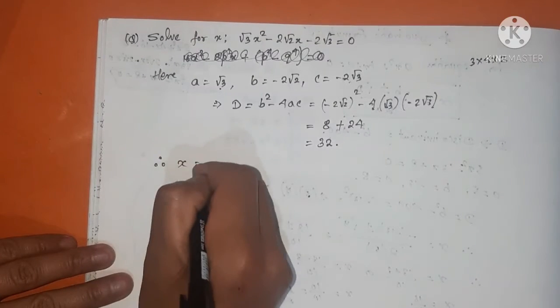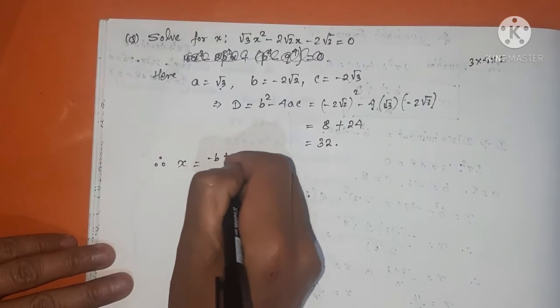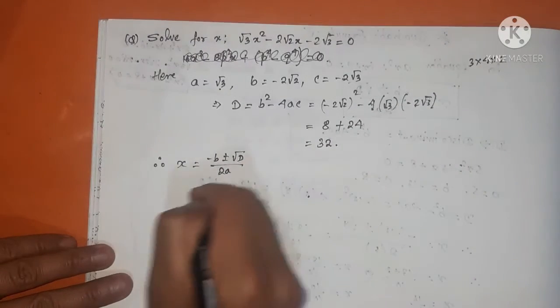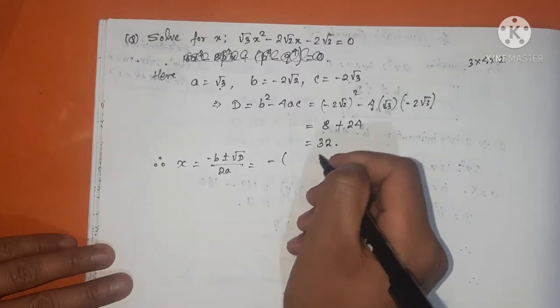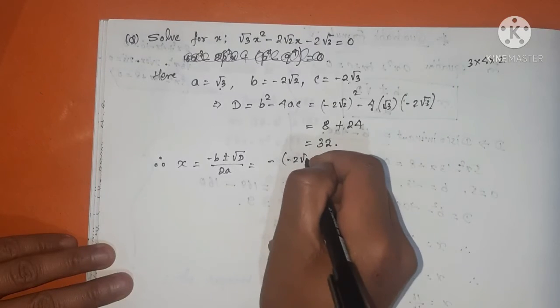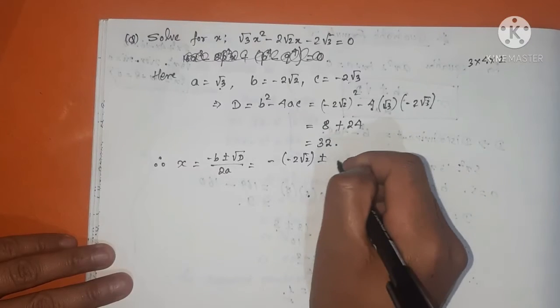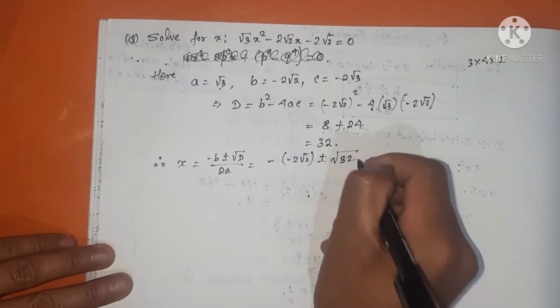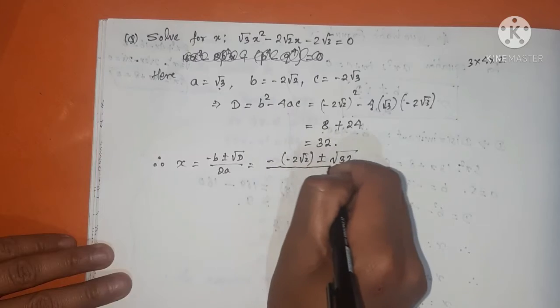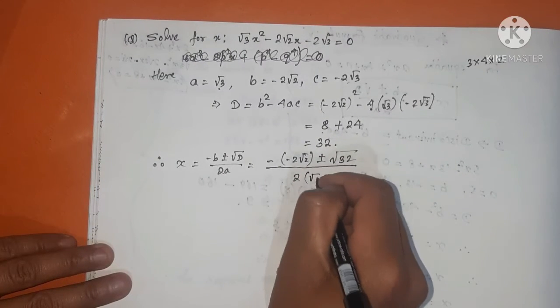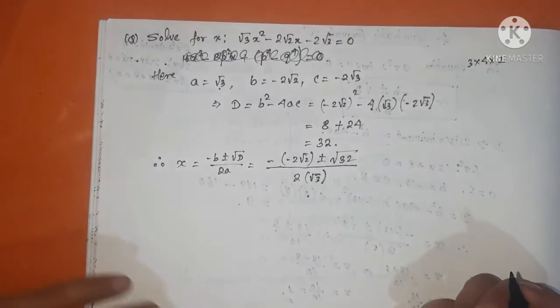Therefore, x is equal to minus b plus minus square root of d by 2a. This is our quadratic formula. That is equal to minus of b, and b is minus 2 root 2. Look at this carefully: square root of 32 divided by 2 into a, where a is root 3.